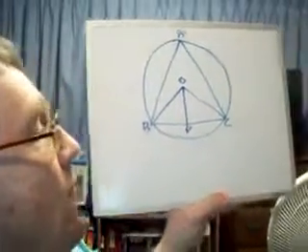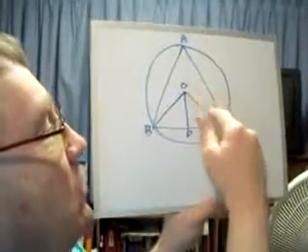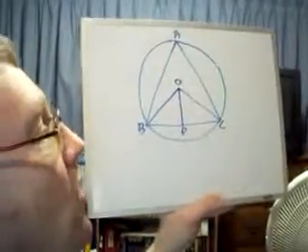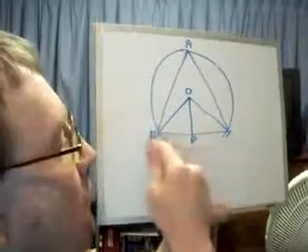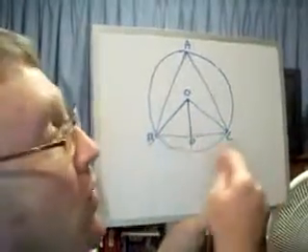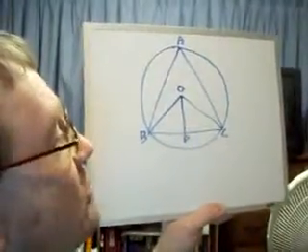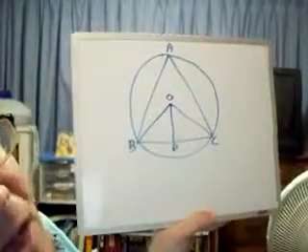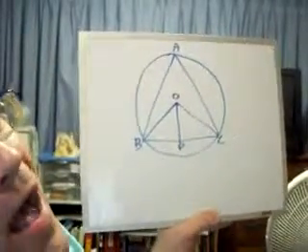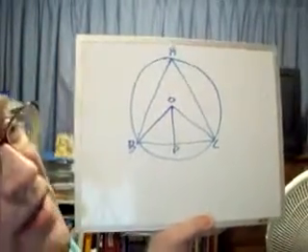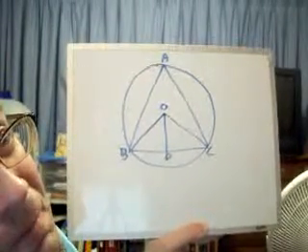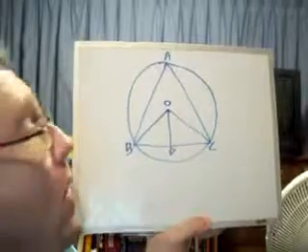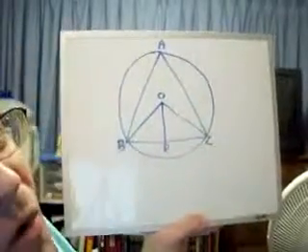Now, we've already established that all radii of a circle are equal, so BO equals CO. We've already established that by bisecting BC, we have BP and PC, and both of those are equal. And we can also say that OP equals itself. What do we have here? We have side, side, side. What's side, side, side? That's Euclid Book 1, proposition number 8. Oh, so these two triangles are equal.